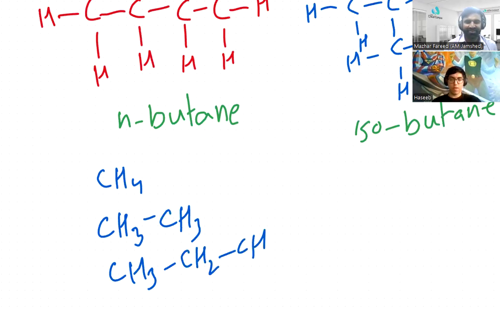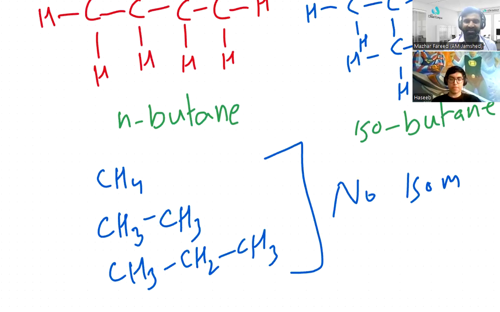Methane has 1 carbon, ethane has 2 carbon, propane has 3 carbon. These compounds have no isomerism, because when you arrange their structure, you cannot draw a different structure. All structures will be the same, but isomerism needs different structures with the same molecular formula. So isomerism in alkanes starts from butane.